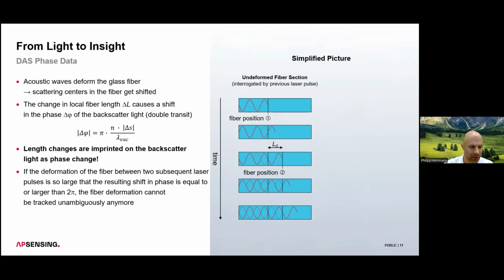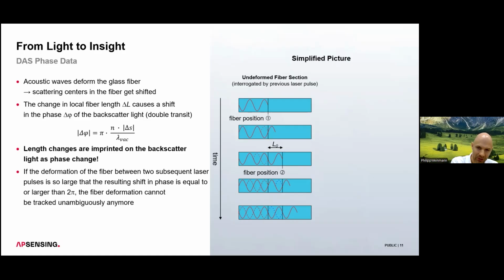I have now simplified the picture by assuming that I can draw the laser pulse as a sine function. That's a simplification, I just want to mention it, but in reality, it's not quite that. But for the moment, we consider the light pulse as a sine function, which is arriving from the left side.